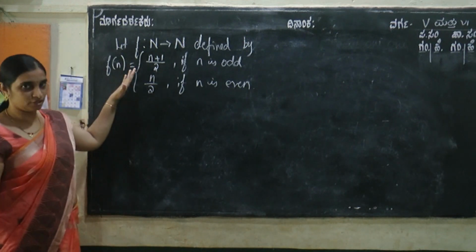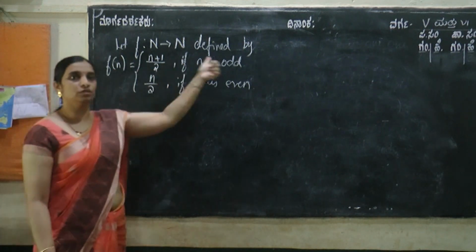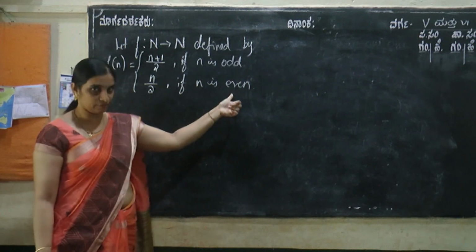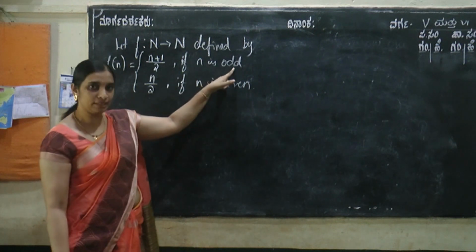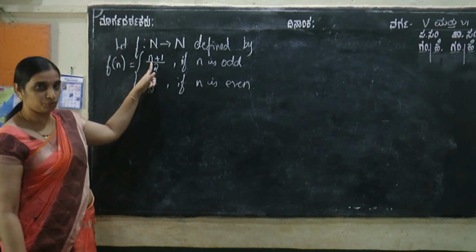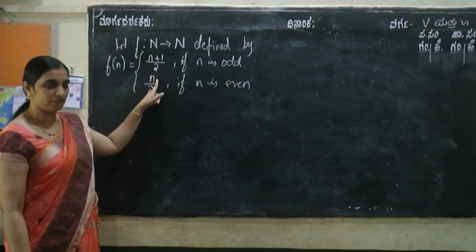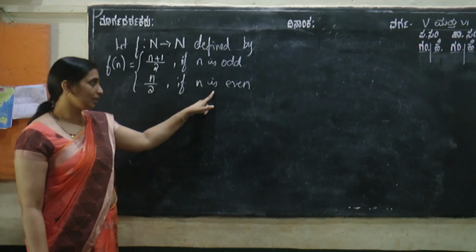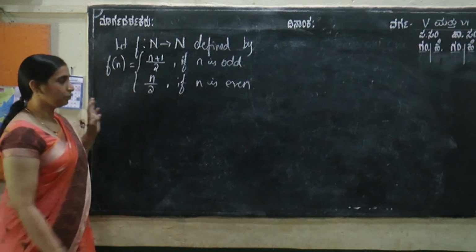So here the function is defined for both odd natural numbers as well as even natural numbers. If the number is odd, then the image, or you may say the definition we are going to use, is n plus 1 divided by 2. If the number is even, then we are using n by 2.